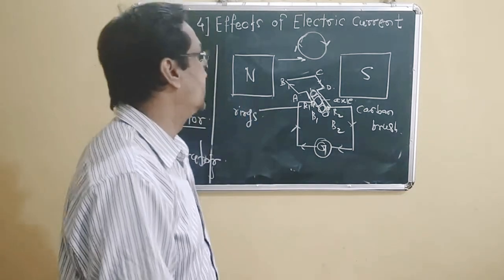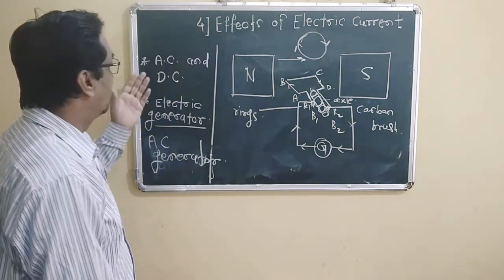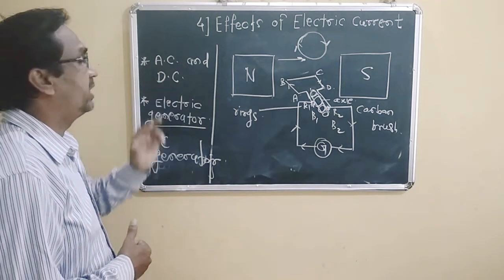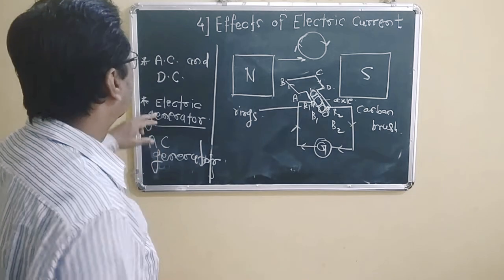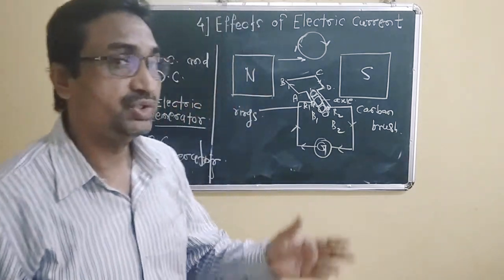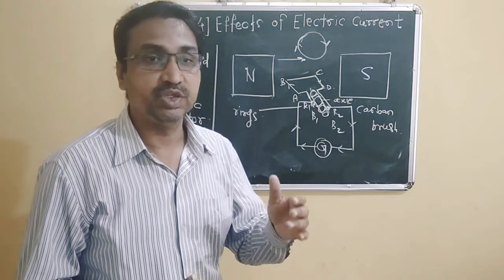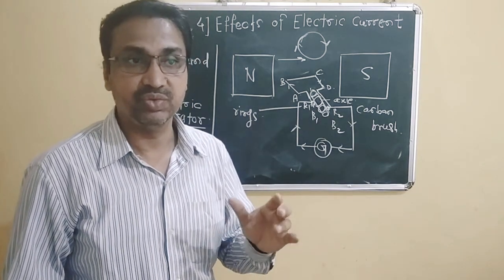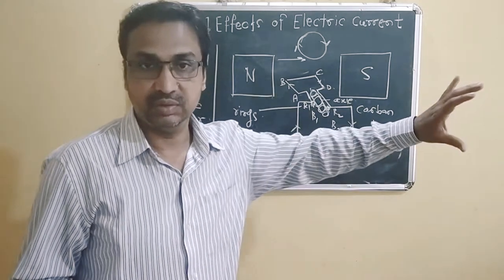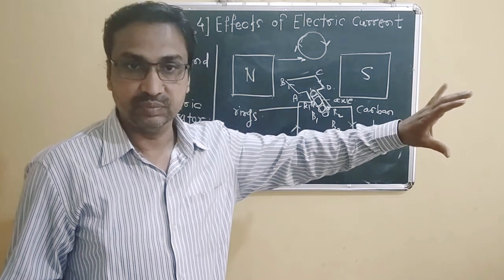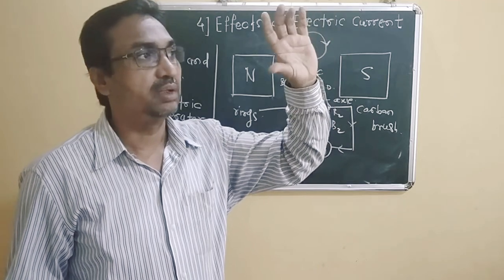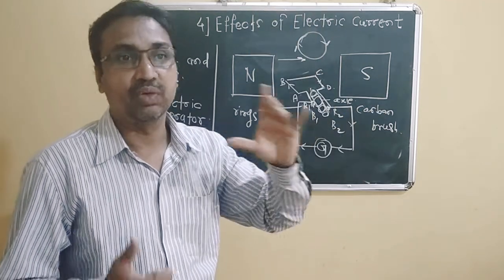In this way we have studied AC current and DC current, and the electric generator, the generation of electricity. When the MCB source is cut off, we have to use this type of AC generator in every shop, in the market, in hospitals, and in our house.